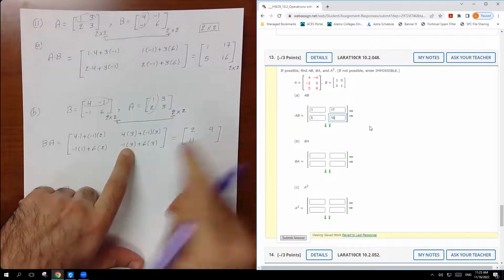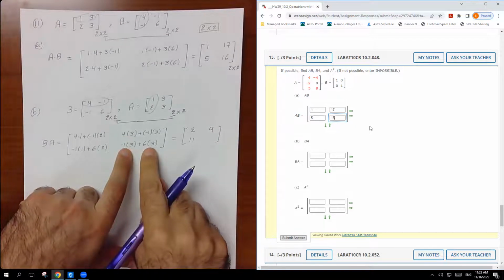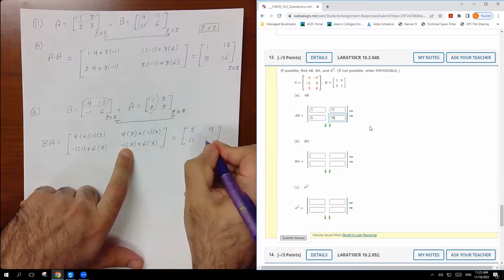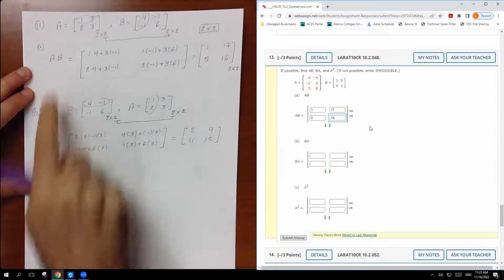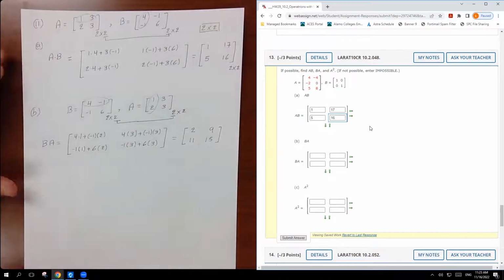And this is 18 minus 3 is going to be 15. So that means A times B is not equal B times A. So we're going to type here 2, 9, 11, 15.